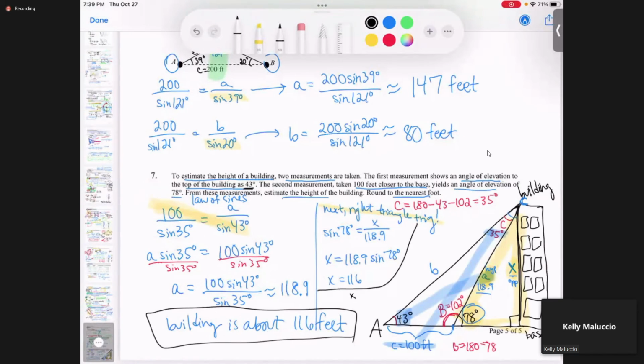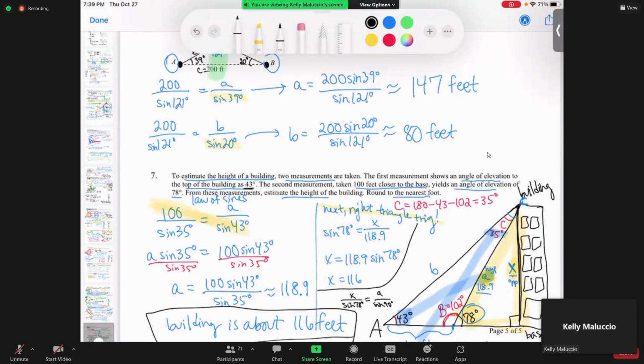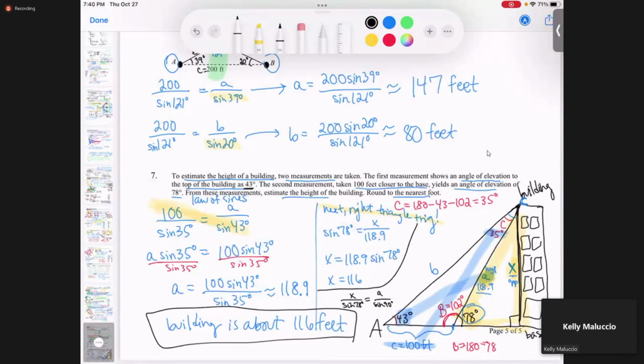If we were to use that, it would be x over sine of 78 equals 118.9 over sine of 90. Now, sine of 90 is 1, right? 90 degrees is pi over 2, it's easier in radians, but this is just 1.